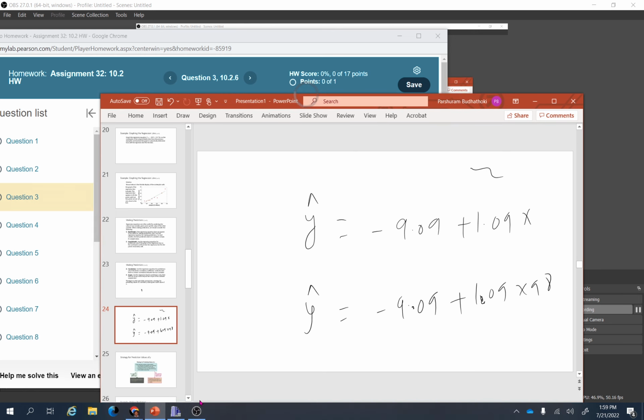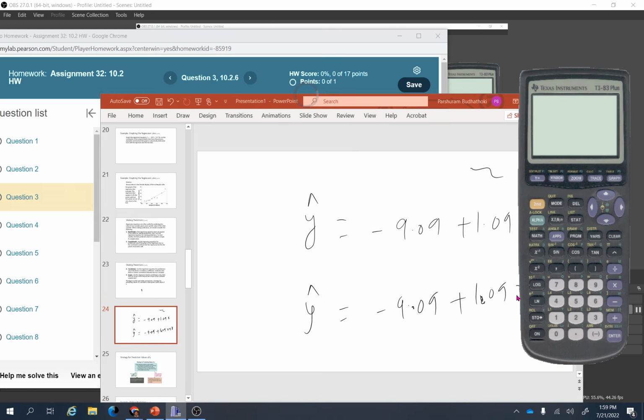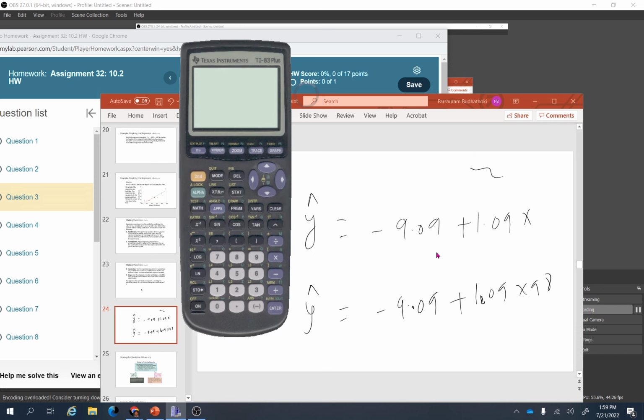To calculate this value you can use your calculator. That is 1.09 times 98 minus 9.09, enter. So that is the IQ for the younger child, which is 97.73.